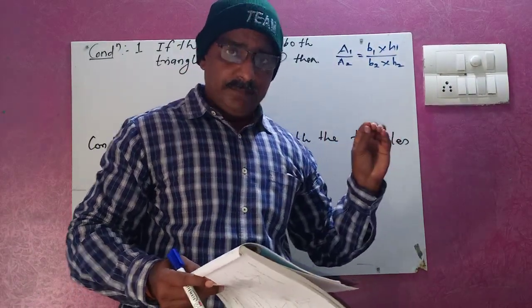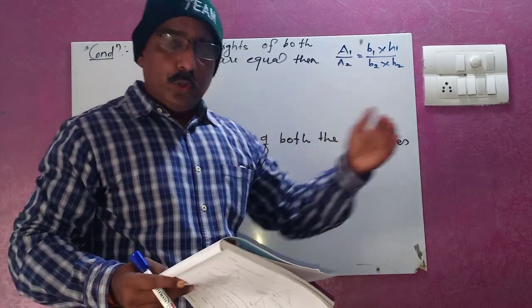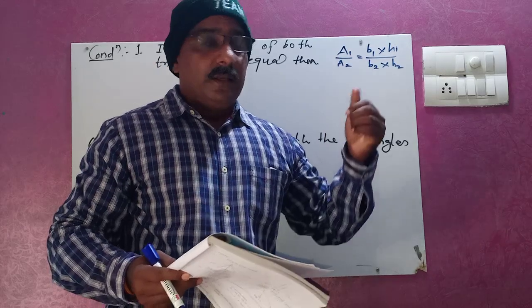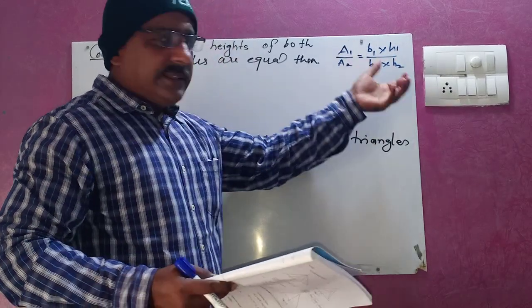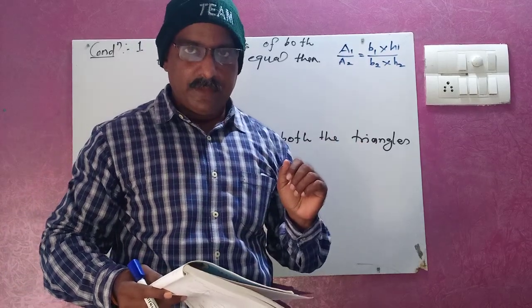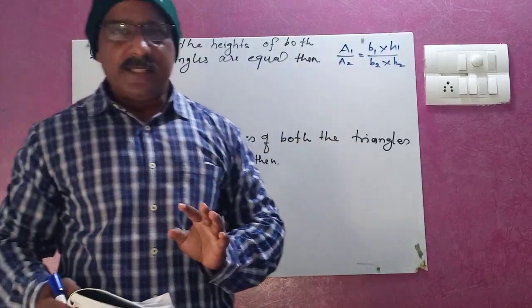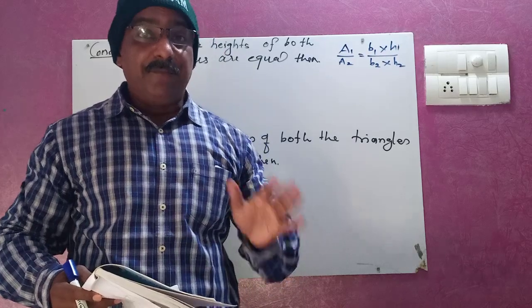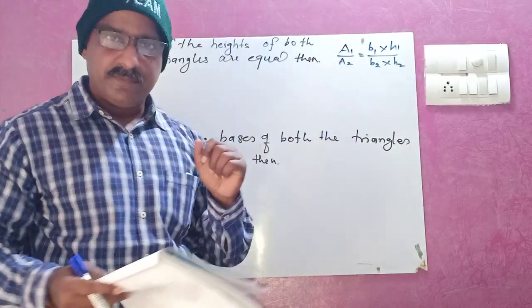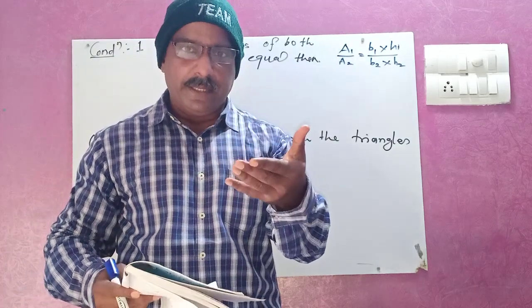Now here, children, we have 2-3 conditions. In this case you have seen that the two triangles have different bases and different heights. Now suppose the two triangles which are similar have different heights, then what will happen to the ratio of their areas? Once again I am repeating.